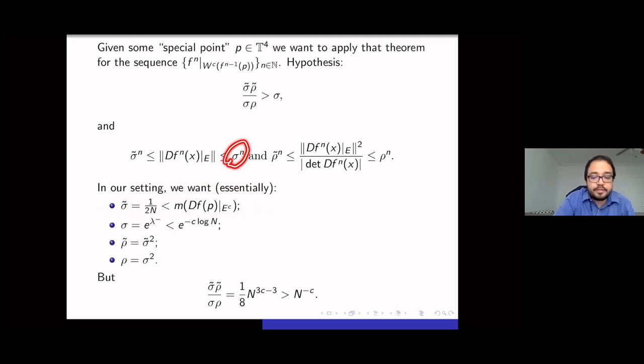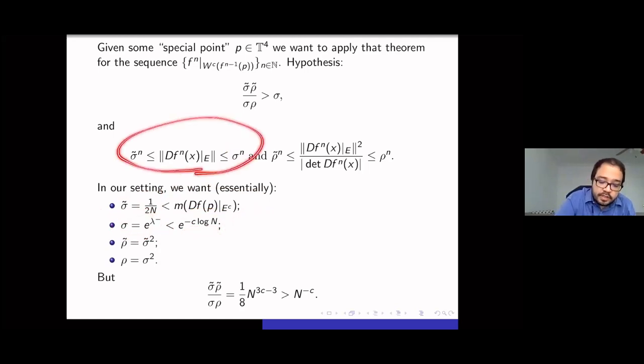This upper bound I will translate to the exponential of the negative Lyapunov exponent. Bejer-Haskell tell you that the absolute value of the Lyapunov exponents is bounded from below by a constant times log n. So this will give me exponential of minus c log n.